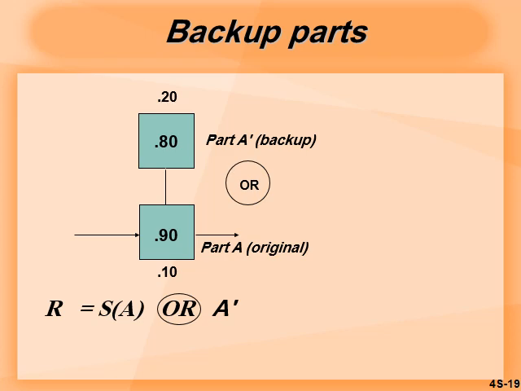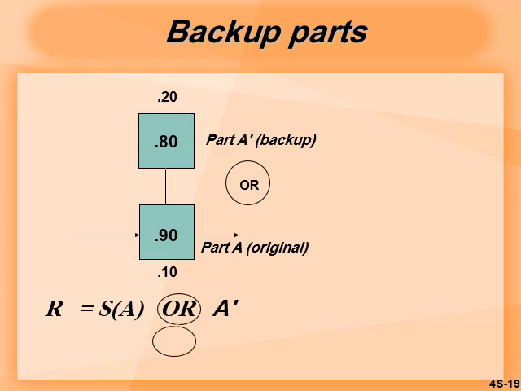A is working with its success probability. It has no conditions to perform. But A prime, how can A prime perform successfully? It will never perform unless there is a failure of the original one.